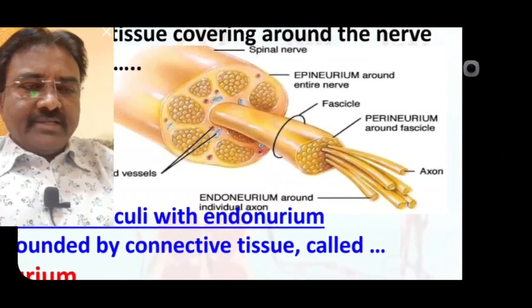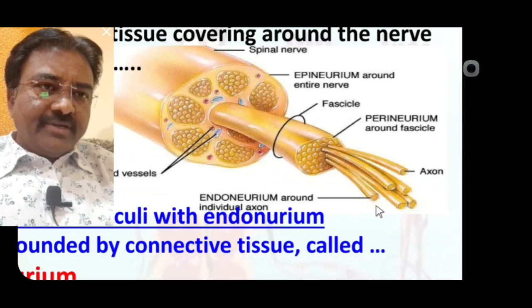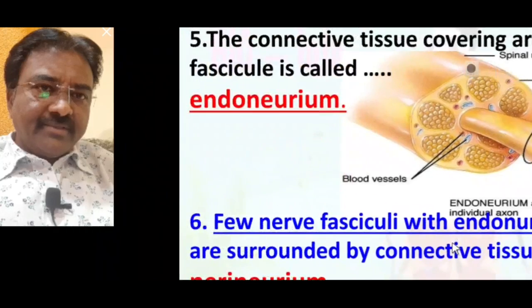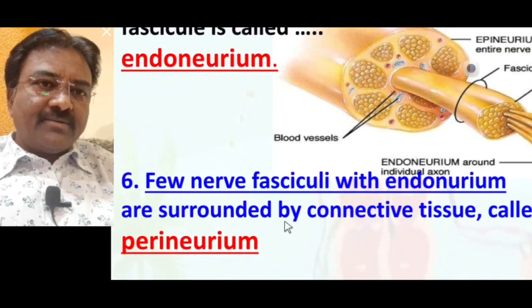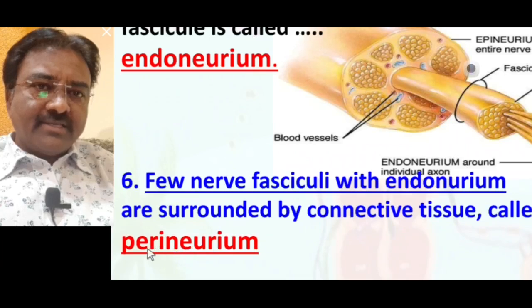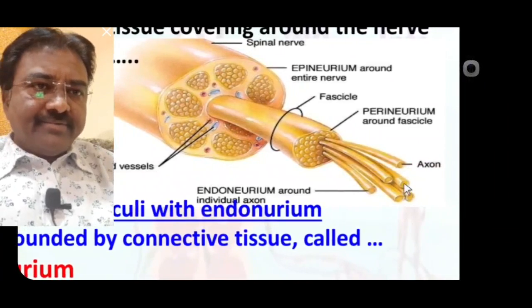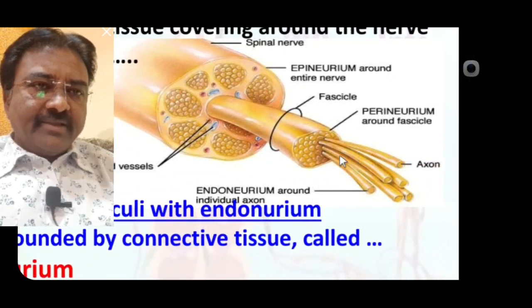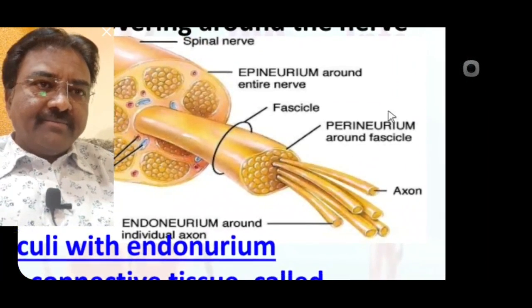This one is nerve with the covering called as endoneurium. So a few nerves with endoneurium, these are a few nerves covered by endoneurium. So a few nerve fascicules with endoneurium are surrounded by connective tissue called as perineurium. Means these few nerves with endoneurium are covered with perineurium covering.